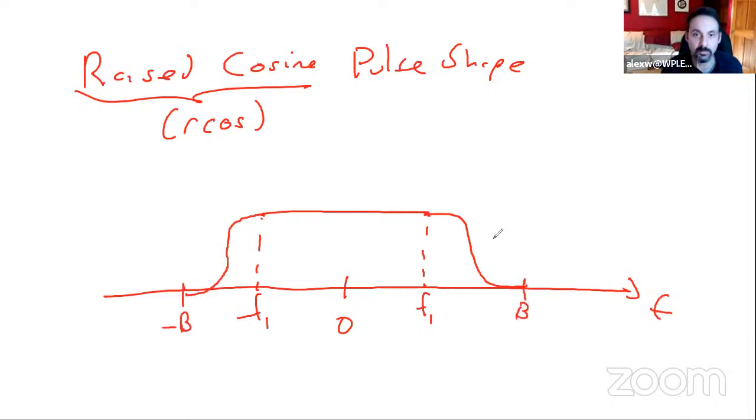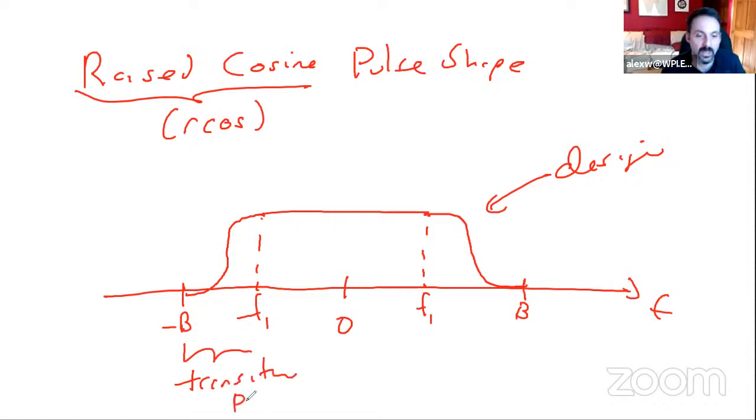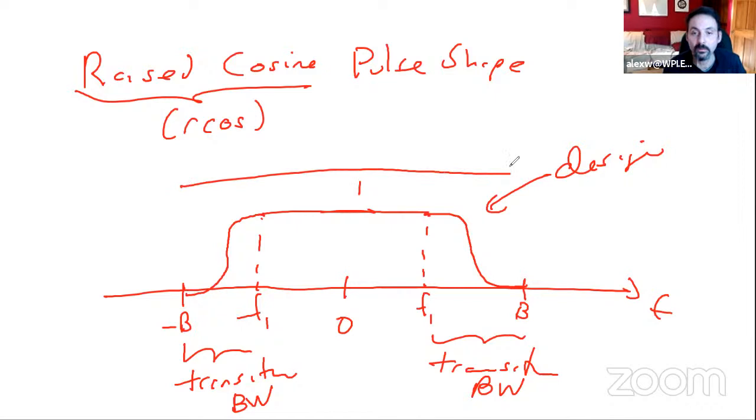So what's interesting about all of this is that you, as the engineer, can actually design how stretched out or how compressed this is. Like, this is your transition bandwidth here too. You can design that, right? So that's flat, that's 1.